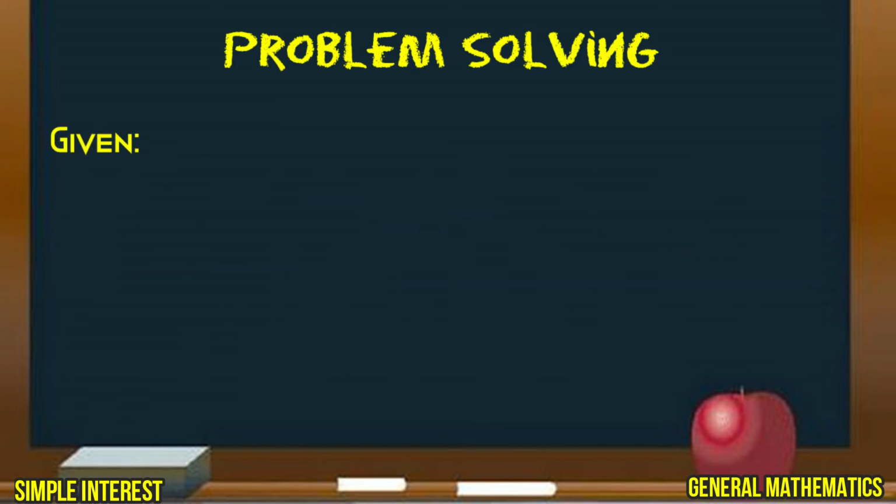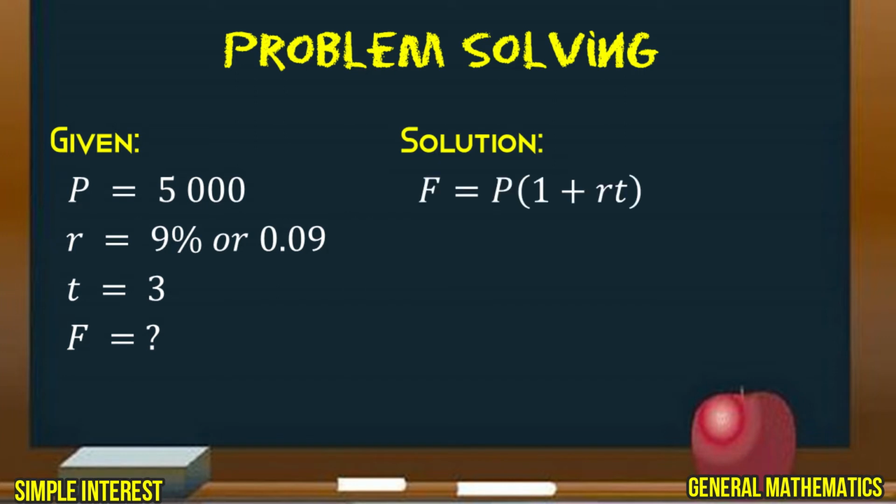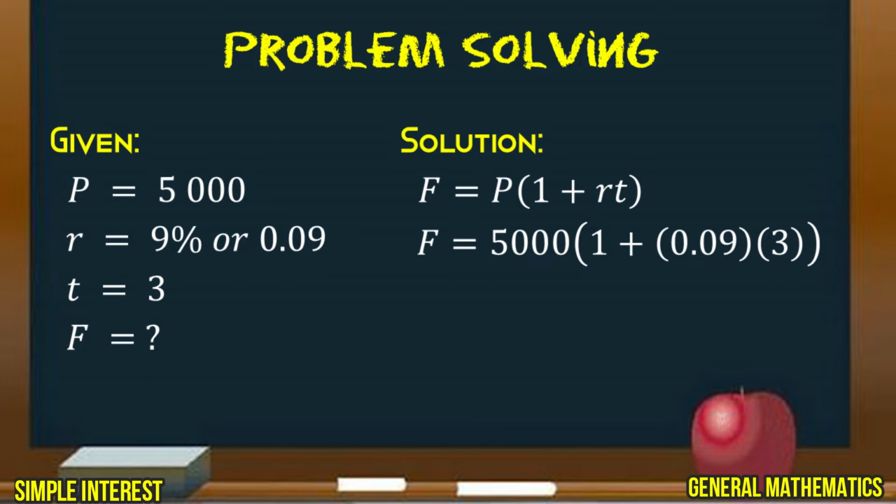Now list down all the given data to solve the problem. The formula to be used is F is equal to P times the quantity 1 plus RT. Substitute the given to the formula. First, multiply 0.09 times 3.